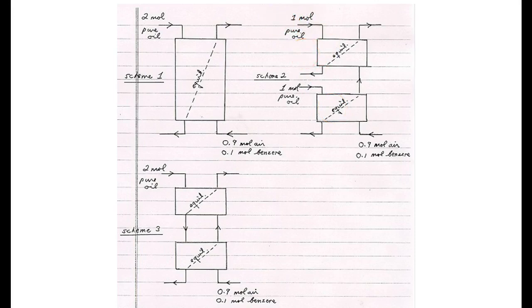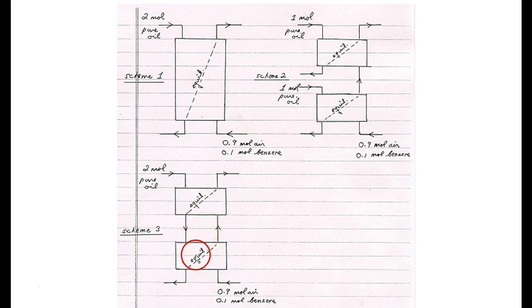Scheme number 3 is what's called countercurrent contact. You'll notice that in doing the first cleanup of the air, we're not using pristine clean, fresh oil. This oil here actually already has some benzene in it because it absorbed some benzene in stage number 1. So this scheme here corresponds to what I was talking about in cleaning the blackboard.